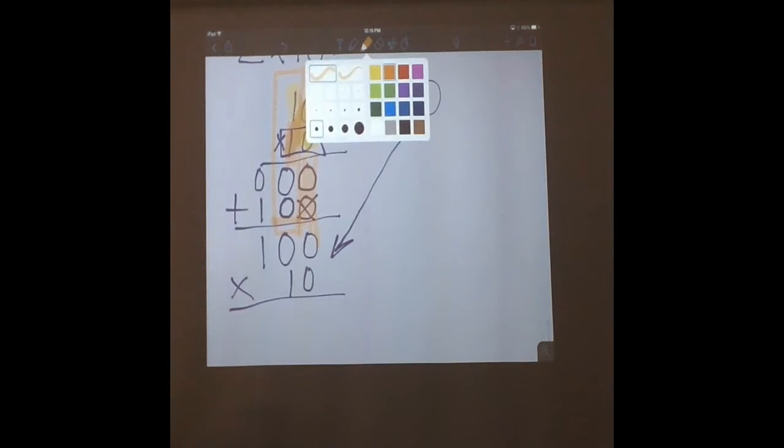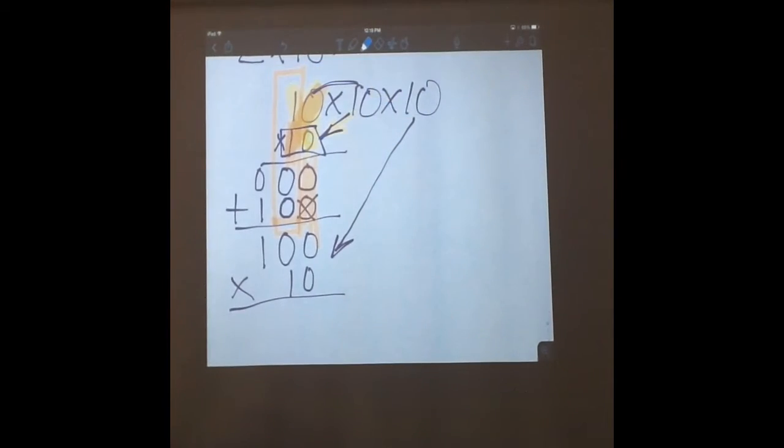Well, I'm going to change the color of this. Let's multiply the 2 ones. 1 times 1 is 1. Now, how many zeros do I have? 1, 2, 3.